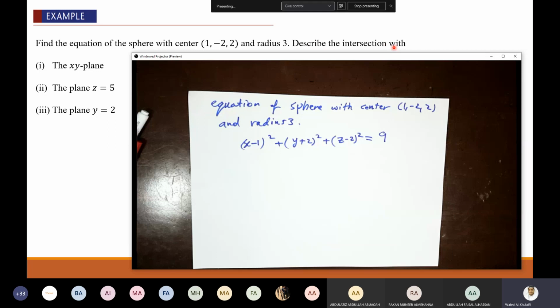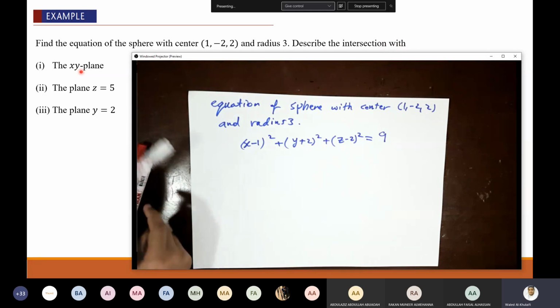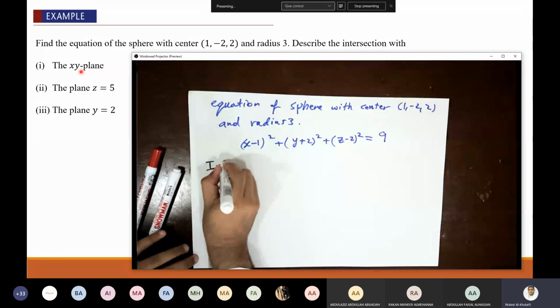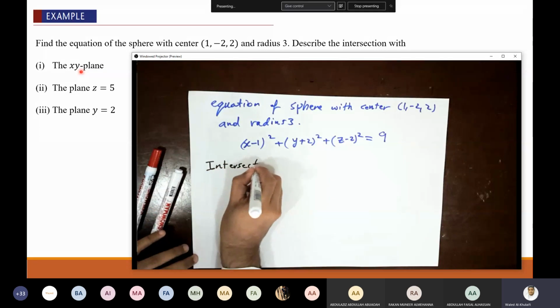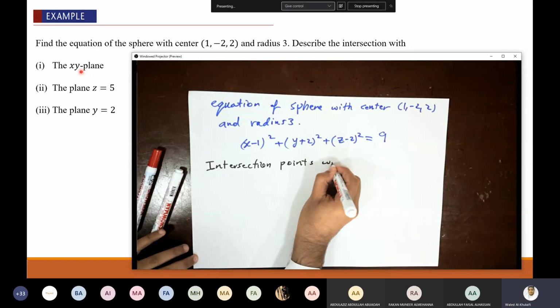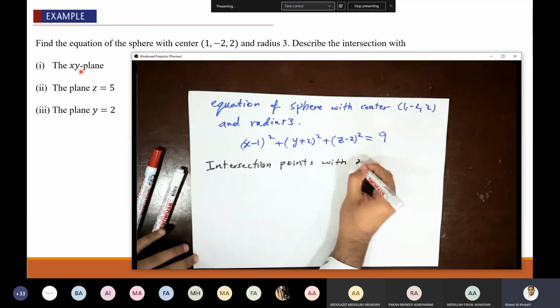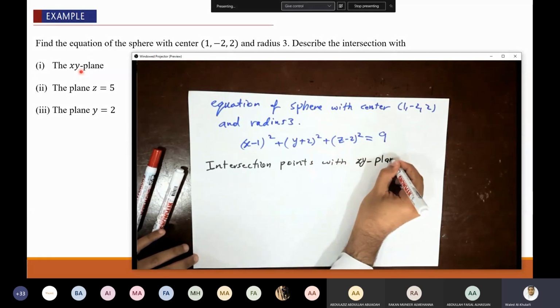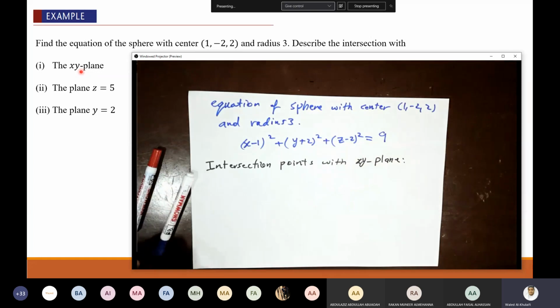He said describe the intersection points with the xy plane. So here I will say intersection points with the xy plane. How to find it, guys?